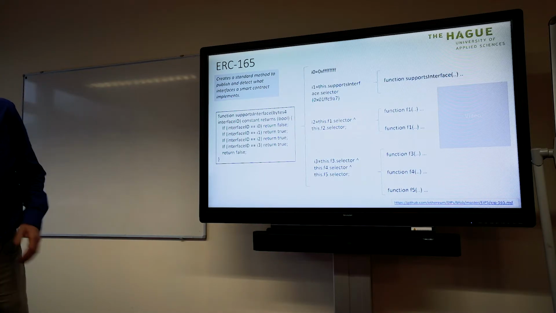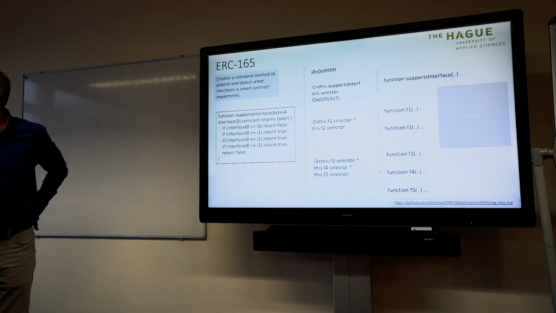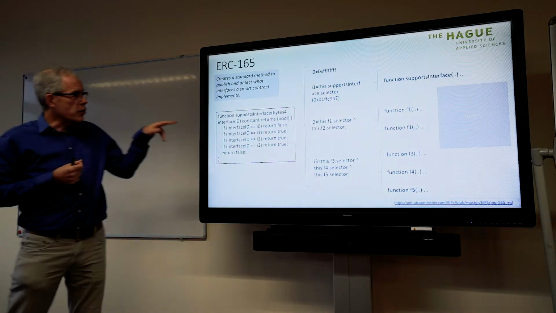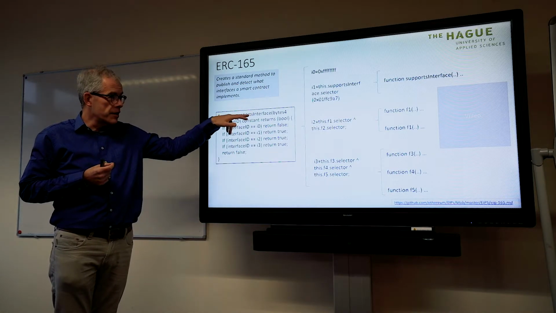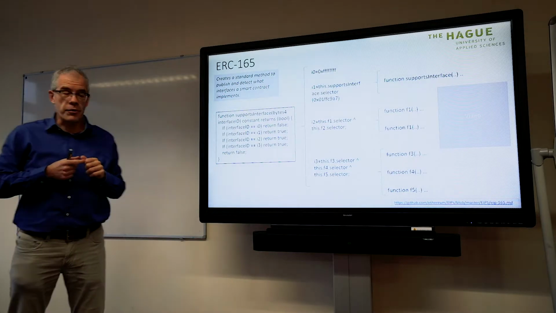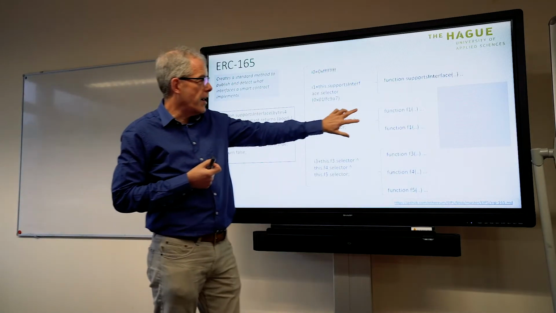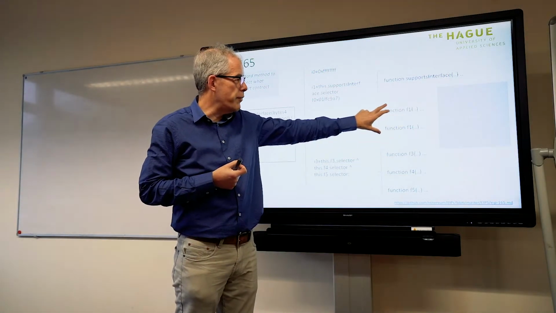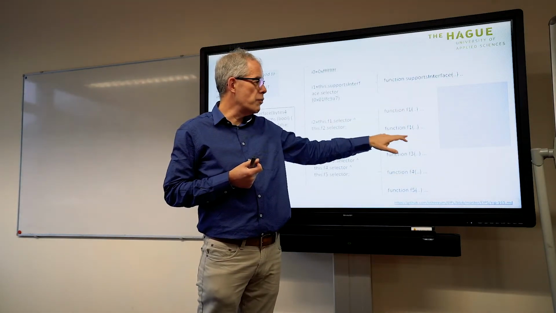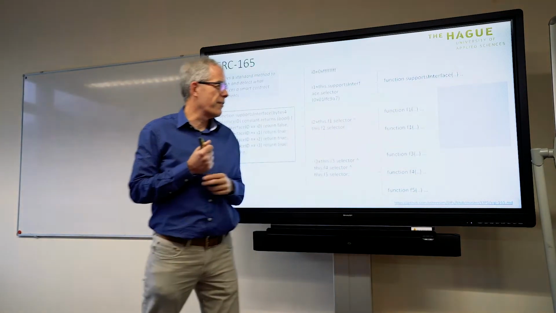They made some clever tricks to do that, as they often do, if it's not standardly possible. And they've added a function called supports interface. You use that function to verify which interface is supported. Suppose I want to verify if this interface is supported, and this interface consists of two functions, function 1 and function 2.